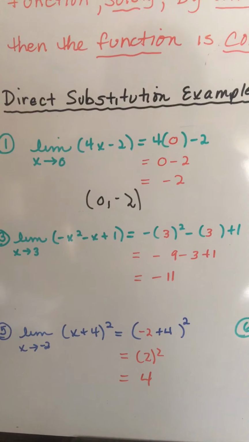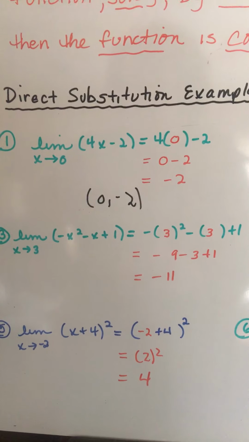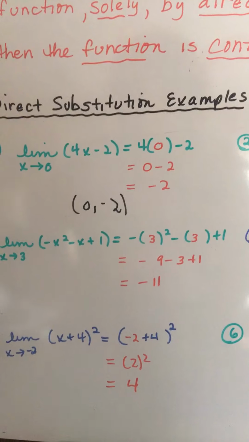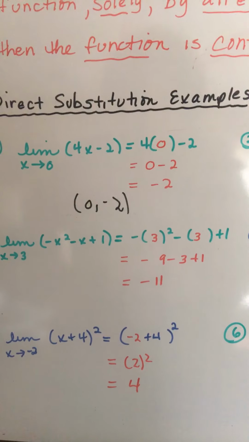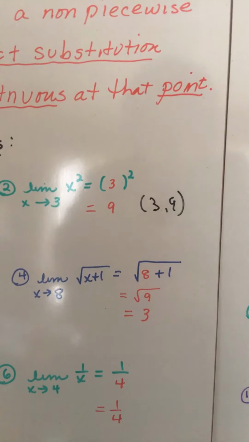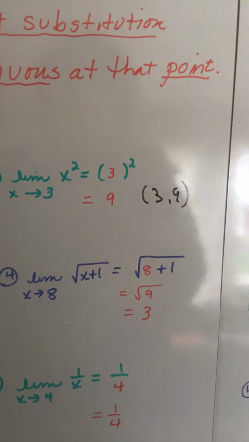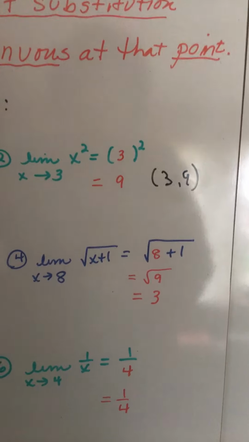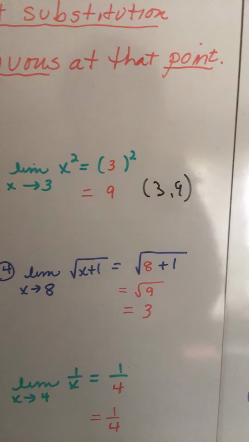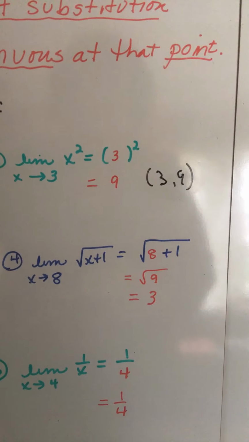So the limit of the quantity negative x squared minus x plus 1 is negative 11. Since it was direct substitution, the function value is also negative 11. The limit as x approaches 8 of the square root of x plus 1 gives you 3. Again, direct substitution. I didn't have to do any other algebra, just arithmetic.